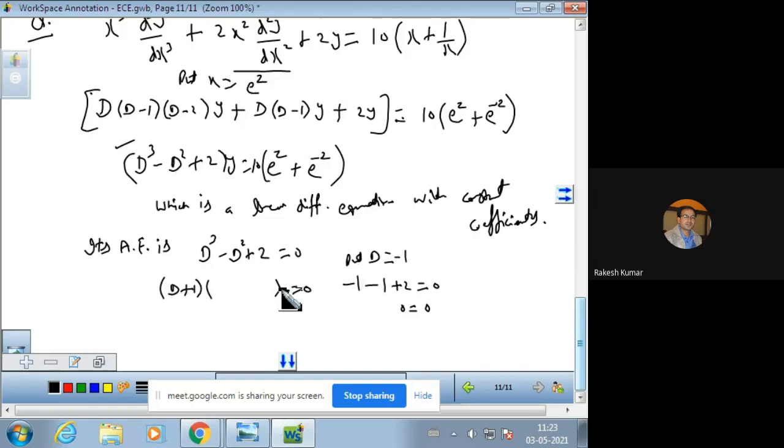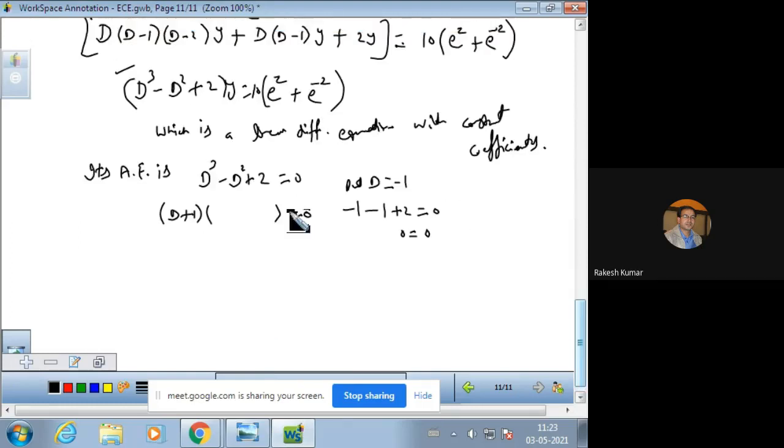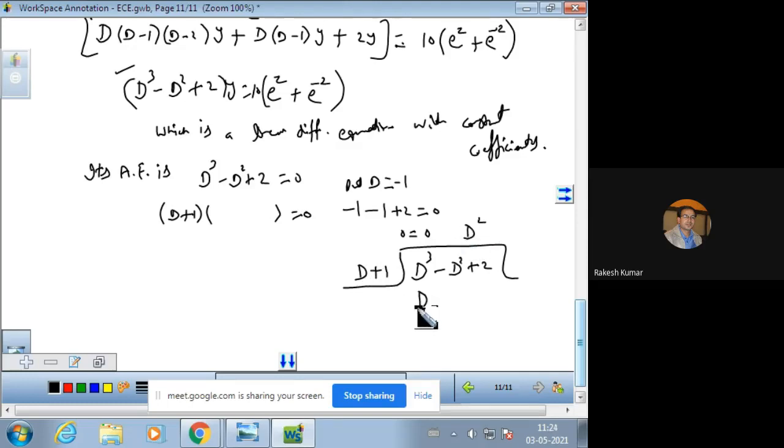So its factorization will be like this. The first root will be D plus 1. And the second you can obtain by division method. This is the cubic equation; divide this cubic equation with this linear factor D plus 1, and you will have D square into D will be D cube, and that is D square, and after subtracting you will have minus 2D square plus 2.